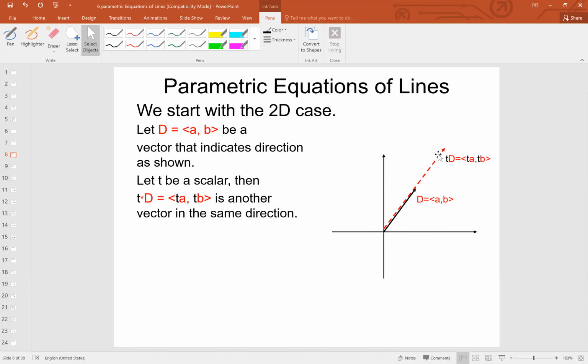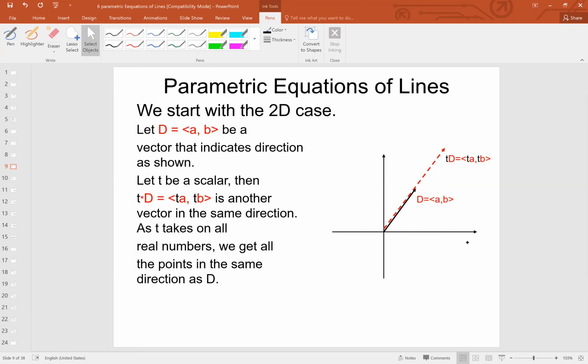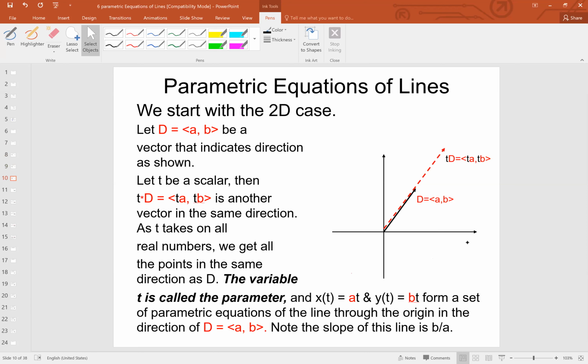I stretch the vector, elongate it or shorten it. If I call this line L, then L is t times d, where d is the vector and L stands for the line. It's in vector form, and this is called a vector equation. In this case, t is called a parameter.